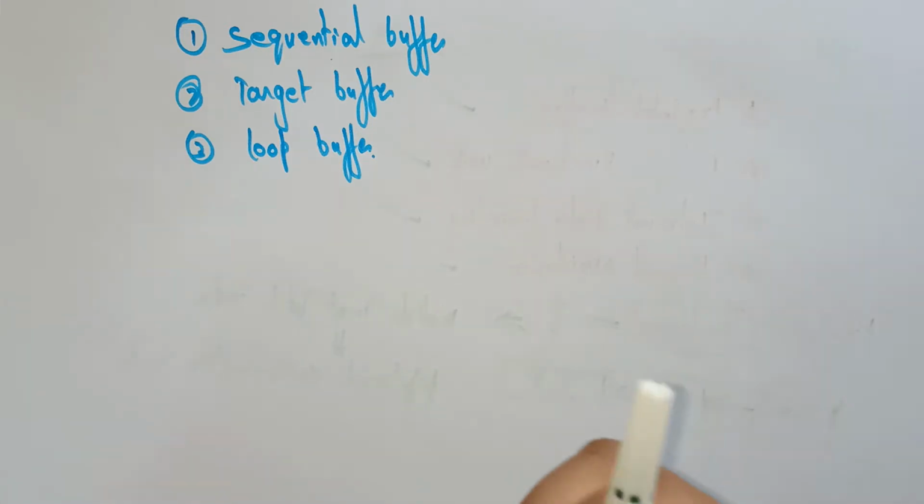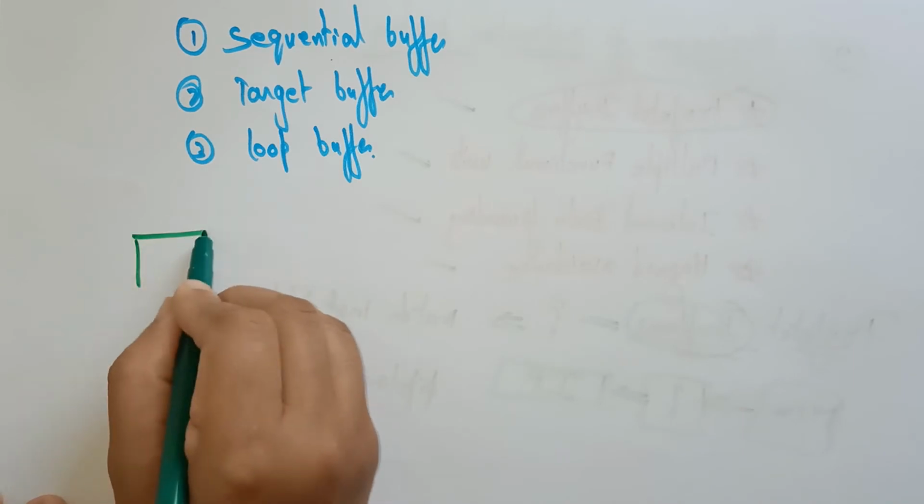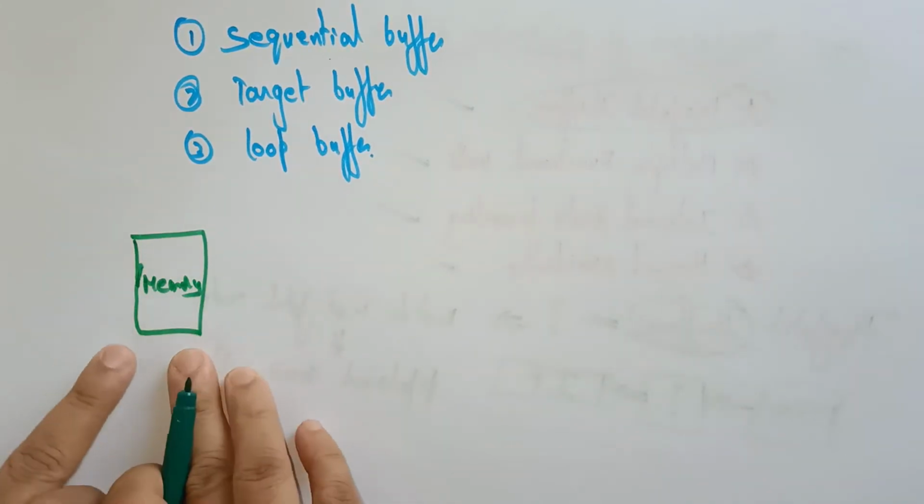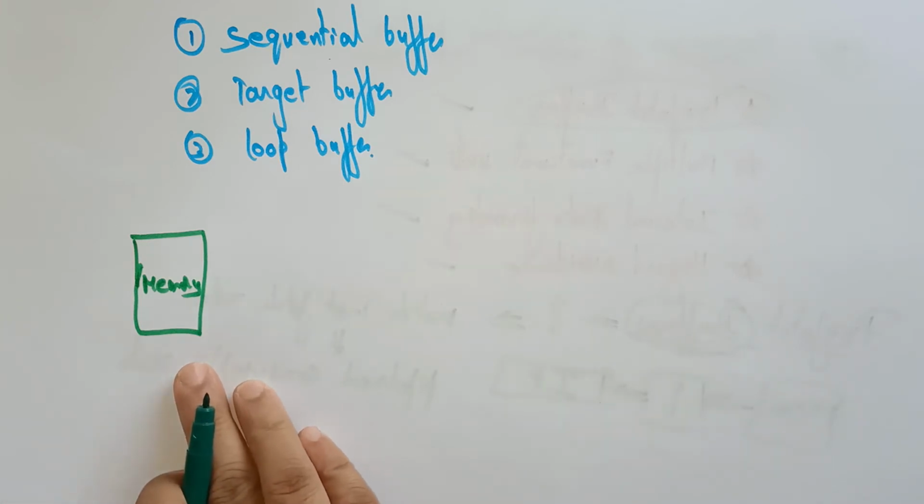Before explaining each one, the sequential buffer, target buffer and loop buffer, let me explain with a small diagram. I am writing while explaining. This is a memory unit. Our concept is that we have to get the data from memory, and the data has to be sent to the instruction pipeline.